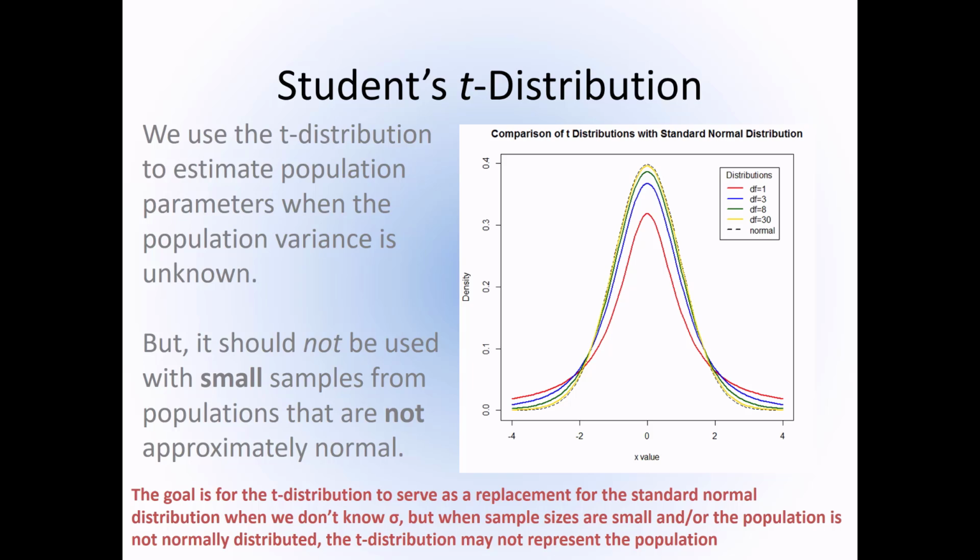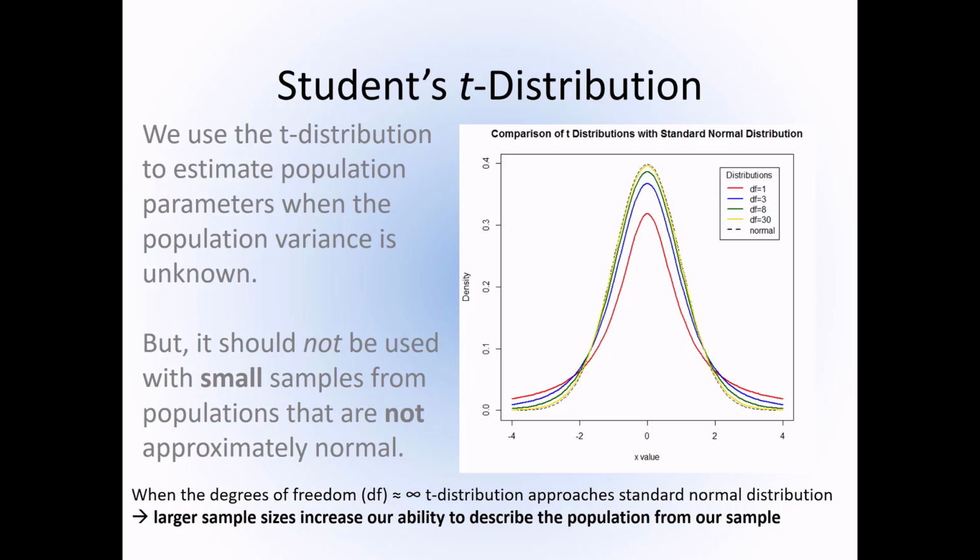And so this figure here shows that as we move from the yellow to green to blue to red curves, decreasing our degrees of freedom, which is based on our sample size, it tends to flatten the curve and spread it out a bit more. And so our variance is going to increase, and our confidence in our estimates is going to decrease.